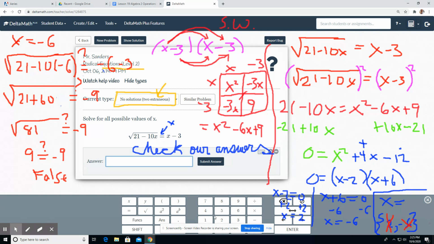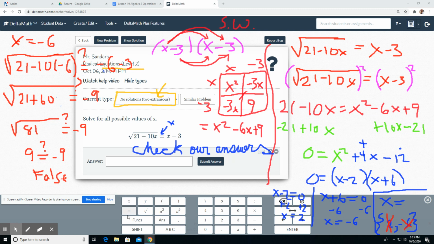Okay, that's not it. Let's see if there's anything else that we can use for no solution. Functions. What does the no solution look like?